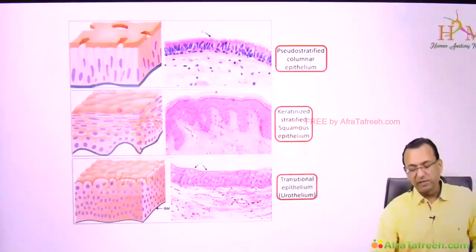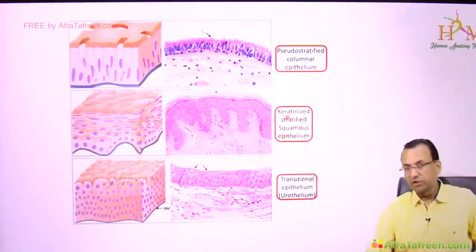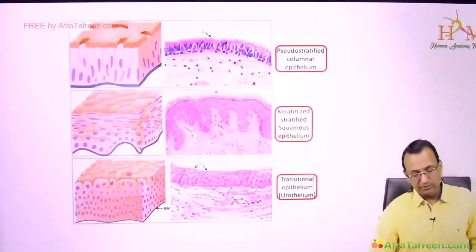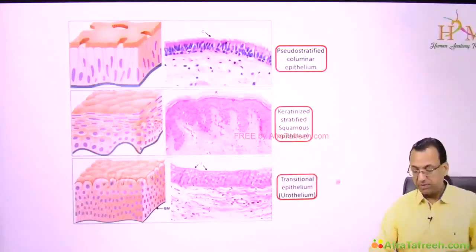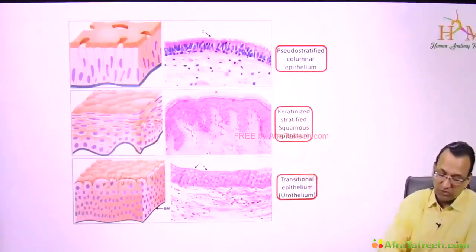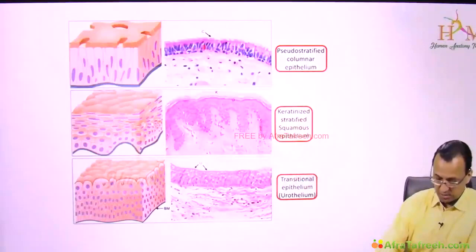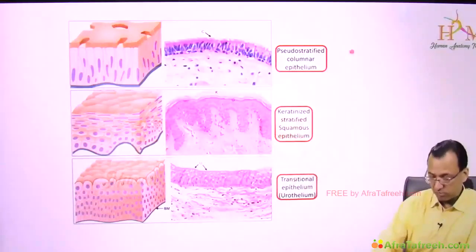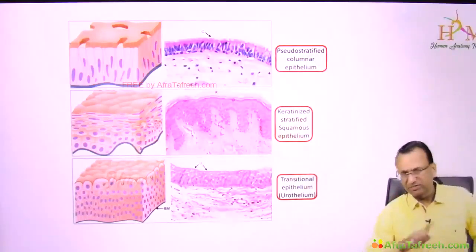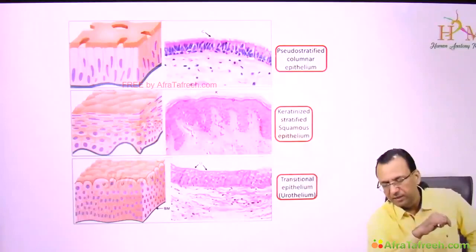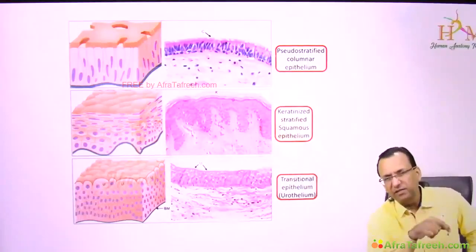So, flat cells towards the surface is stratified squamous, and globular cells towards the surface is transitional epithelium. And what if it is pseudo-stratification with cilia? Then it is respiratory epithelium, pseudo-stratified epithelium. Just to have some idea of differentiation between the three types. Sometimes it can be confusing. We'll keep discussing the differences again.